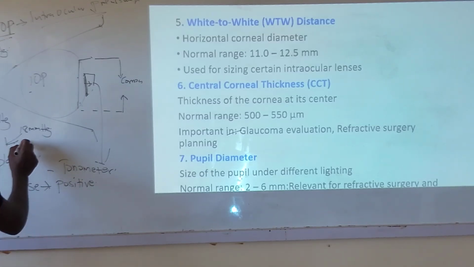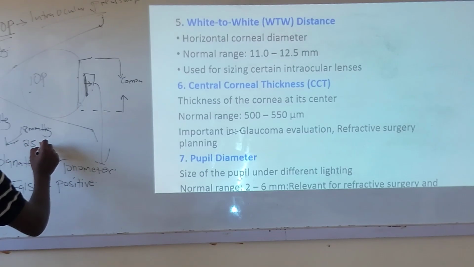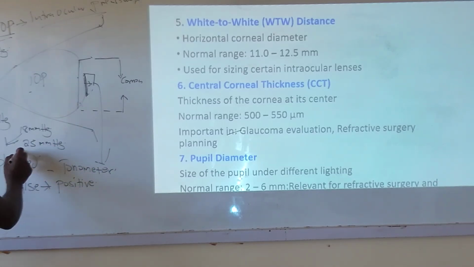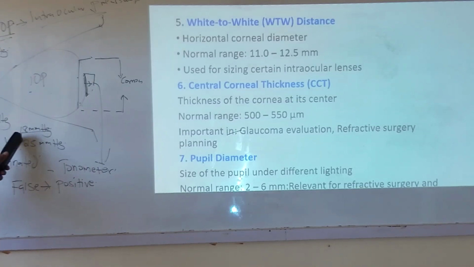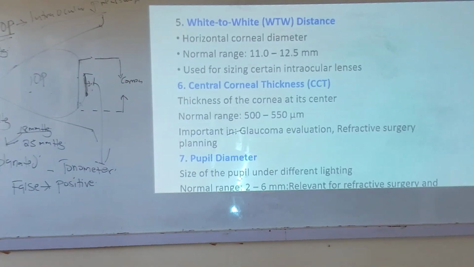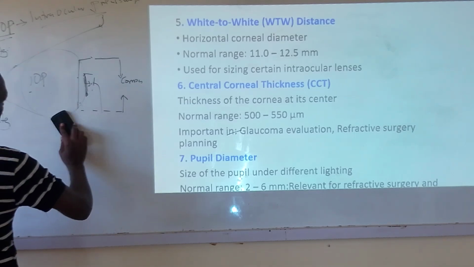For example, it can give you 25 millimeters of mercury. But in real sense, the normal one, as per that case, is 18. But because of this thickness, it goes to 25. That's why we are saying the central corneal thickness is very important when it comes to assessing intraocular pressure.